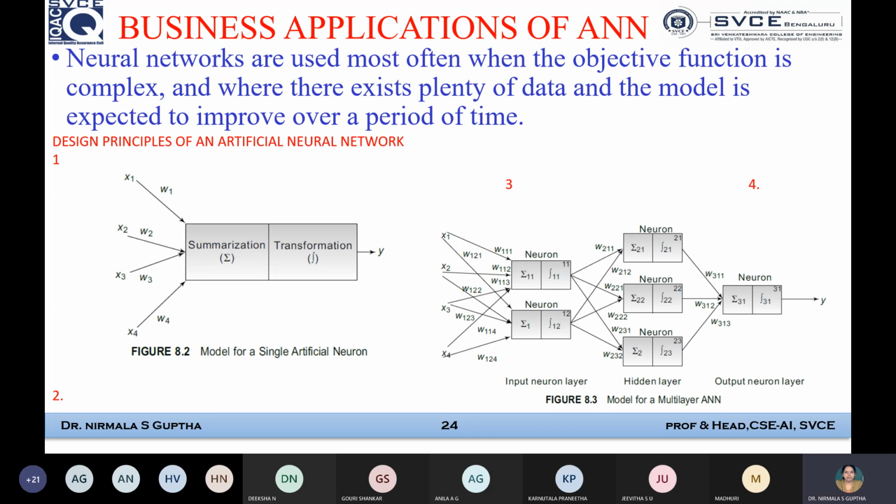So these are the 4 principles of an artificial neural network. It depends upon the nature of the problem we are trying to solve and the availability of good training data. The neural network will learn enough to start and complete its process, matching the predictive accuracy of a human expert.